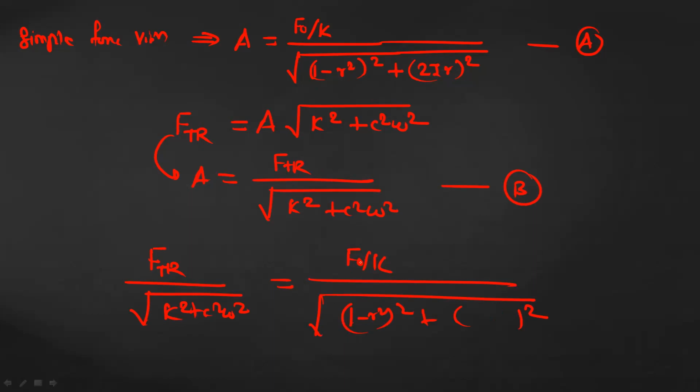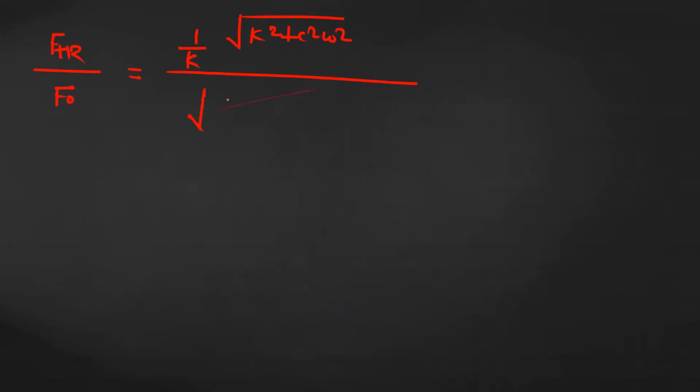We can write FTR upon F0 and take the square root to the right hand side. So we will get the ratio FTR upon F0 equal to 1 upon K and the square root of K square plus C square omega square.